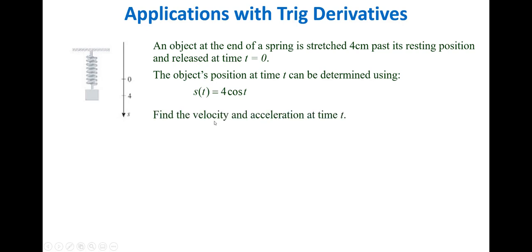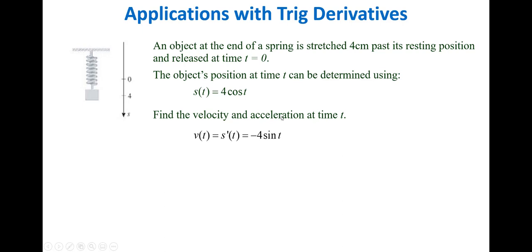And if you're asked to find the velocity and acceleration based on time t, then remember that you'd have to get the derivative of s of t in order to get velocity. Taking the derivative of this is a nice easy derivative. It would just be negative 4 times sine of t.